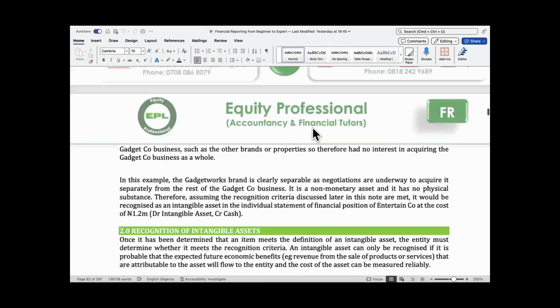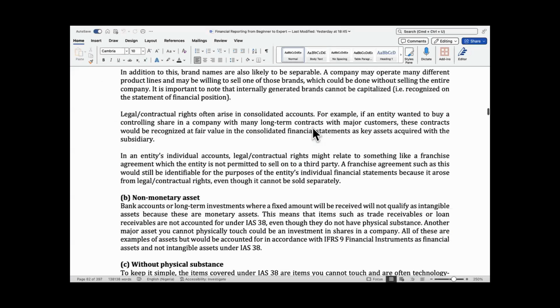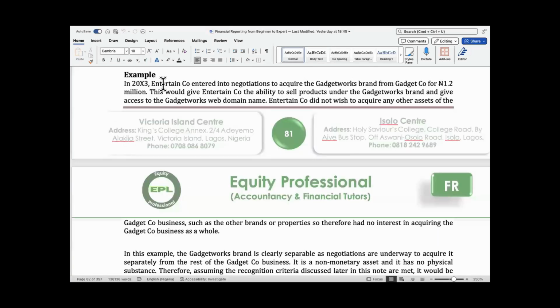Okay, now look at this scenario. This company, Entertain Co, entered into negotiations to acquire Gadget Work brands from Gadget Co for 1.2 million naira.